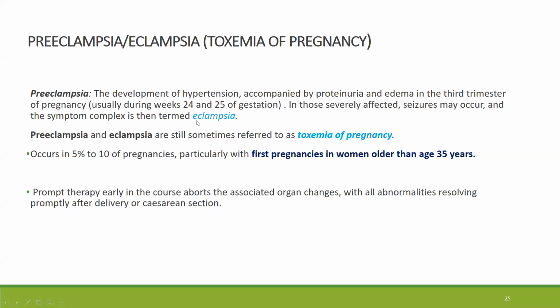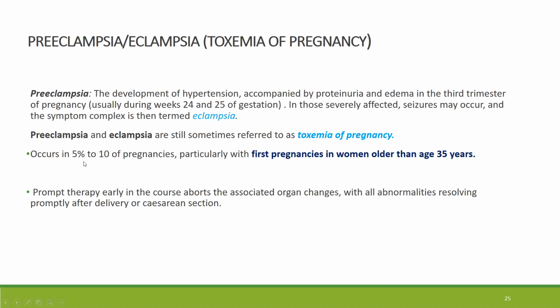If we have a seizure, we have full eclampsia. So it's a complex symptom complex. If we have a seizure, we have eclampsia. Preeclampsia and eclampsia are still referred to as toxemia of pregnancy.